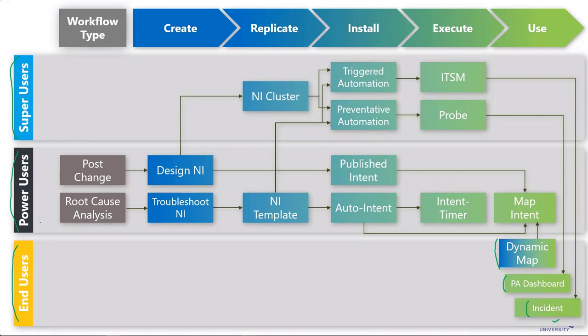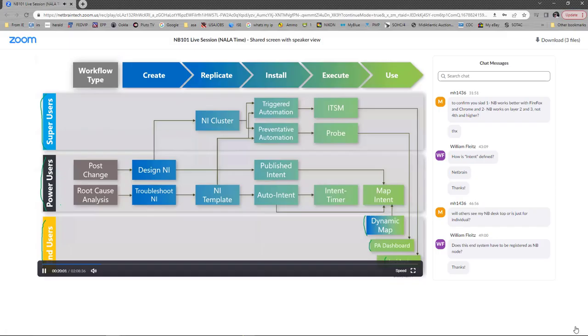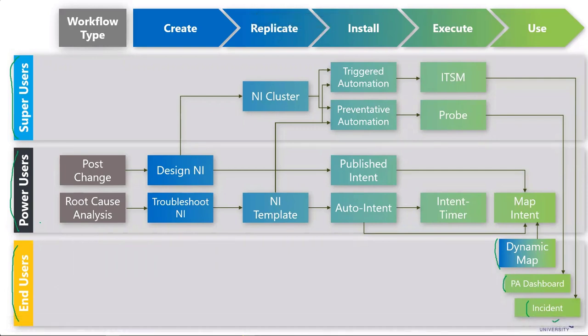We do have the NetBrain immersion training, which is on-site training for four days at one of our global offices, and is focused on not only reviewing end user and power user stuff, but teaching people to be super users. And then the 400 series classes, which again, there's currently only one, is about administering NetBrain, which is its own thing. So if you're wondering what the different numbers for the classes mean, that's what that is.